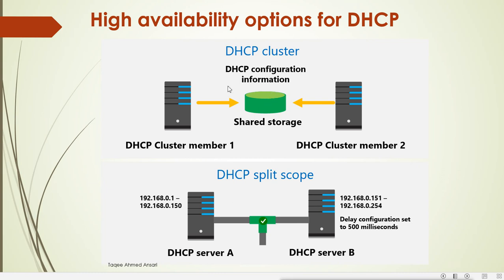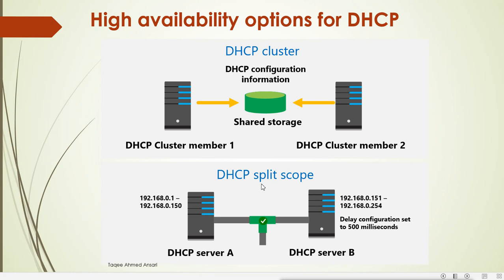But without a failover cluster, we can also use the high availability options. The first option for high availability is the DHCP split scope. We can configure this DHCP split scope to make sure that the DHCP server is available every time.